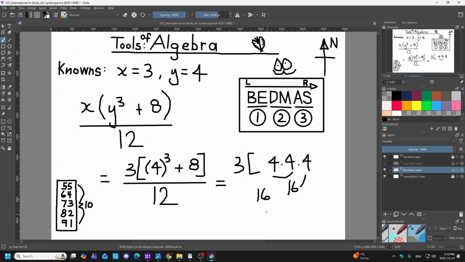Multiplied by another 4. 6 times 4 is 24. Carry the 2. 4 times 1, 4, plus 2, 64. 4 cubed is 64.